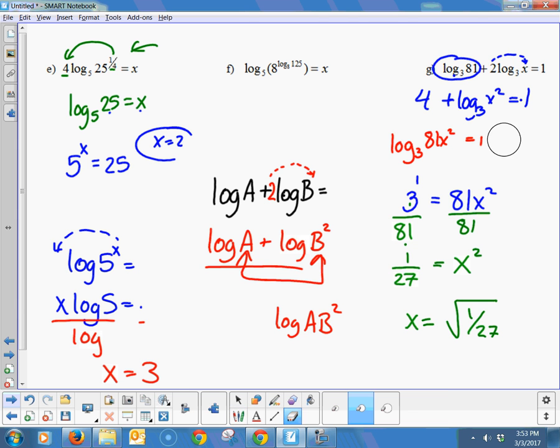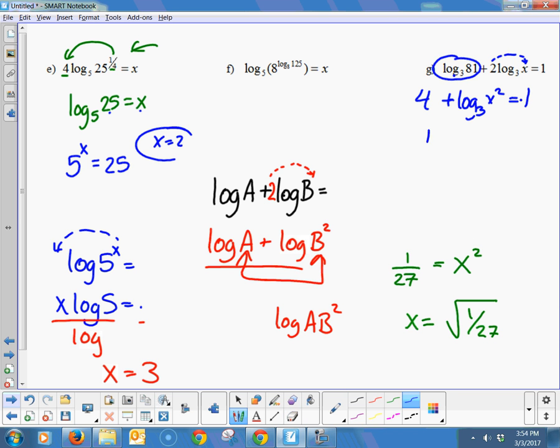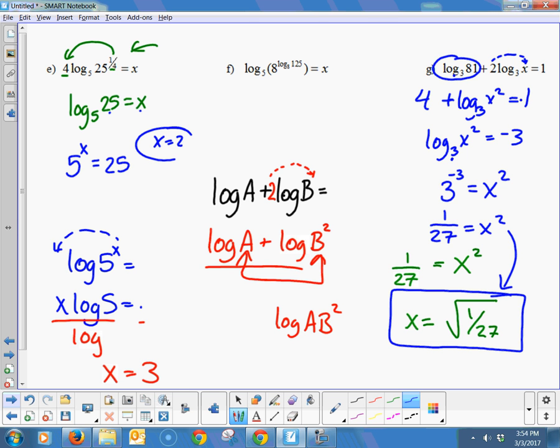And if we'd done that, we would have said log base 3 of x squared equals negative 3. And then writing this in exponential form, 3 to the negative 3 equals x squared. 3 to the negative 3 is 1/27 equals x squared. So we get to the same place no matter what. That's just hideous. Ms. Signorati wrote a bad problem.